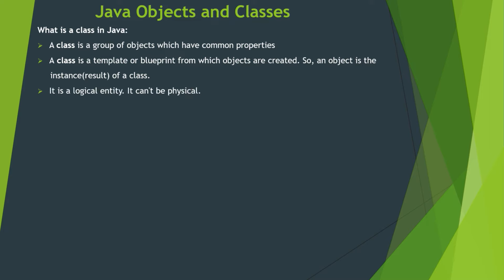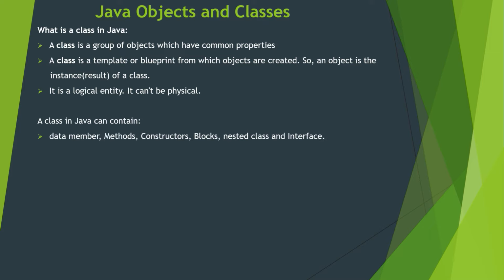It can't be physical, but please remember, an object is a physical entity. A class in Java can contain data members, in other words properties, then methods, which means behaviors, then constructors, blocks, nested classes, and interfaces. Don't worry, all these we will be covering in detail in the upcoming sessions.